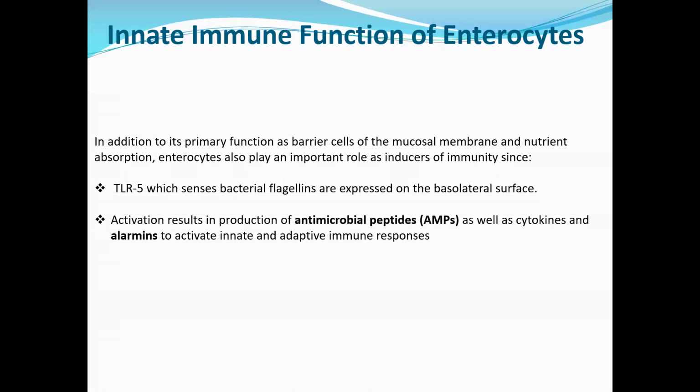And so once the PRR is engaged, these epithelial cells can produce cytokines to activate other parts of the immune system. An important product of these epithelial cells are the so-called antimicrobial peptides, which are very small peptides which can directly kill any pathogenic bacteria that enter the lumen.